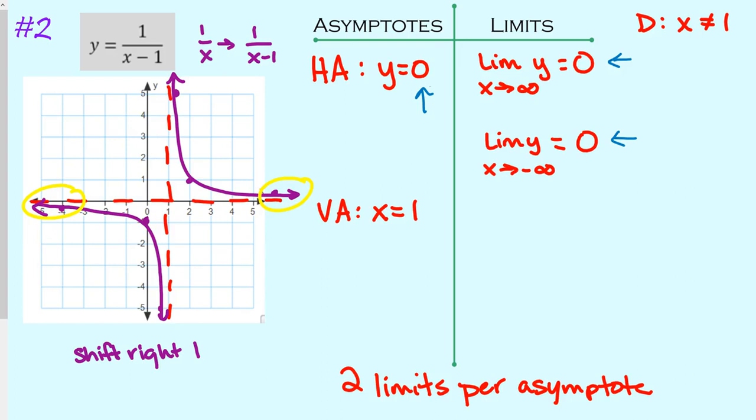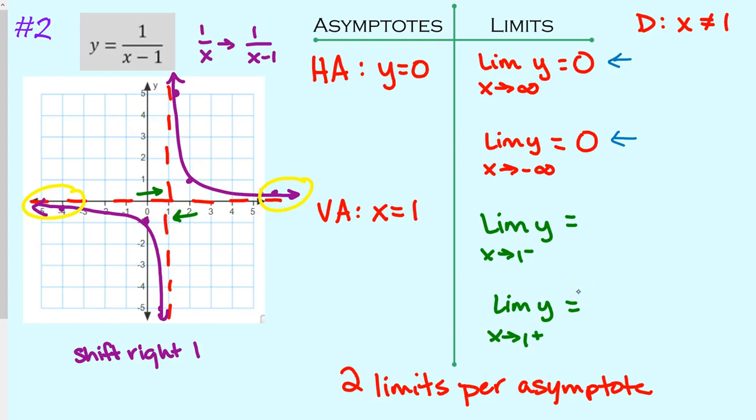So writing those limits should be very, very simple if you know the horizontal asymptote. Okay, the vertical asymptote was x equals 1. What limits do we need for that? Well, in this case, we're talking about what's happening as x gets close to that from the left and from the right. So these are going to be one-sided limits. The limit of y as x approaches 1 from the left, and the limit of y as x approaches 1 from the right.